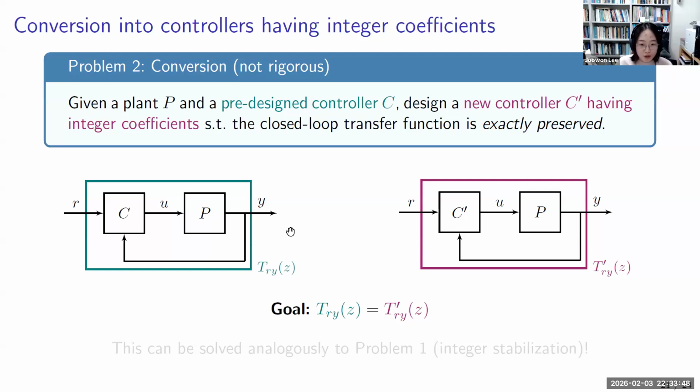In other words, within this figure, for the pre-designed controller, the closed-loop transfer function is T_ry, and with the new controller, the transfer function is T_ry prime. And we want T_ry and T_ry prime to be equal while C prime has integer coefficients.